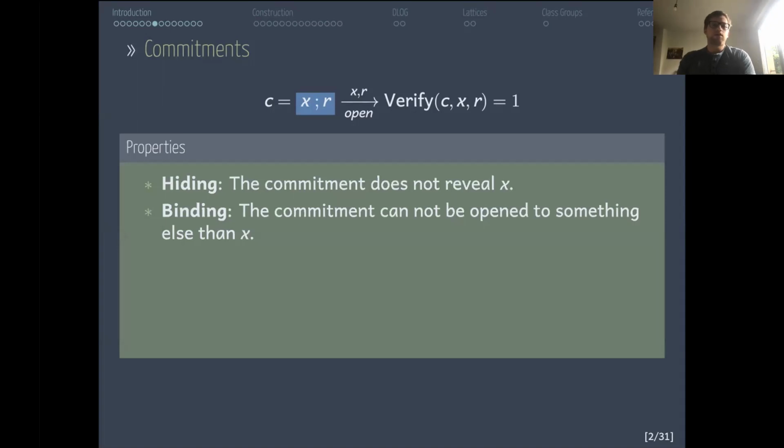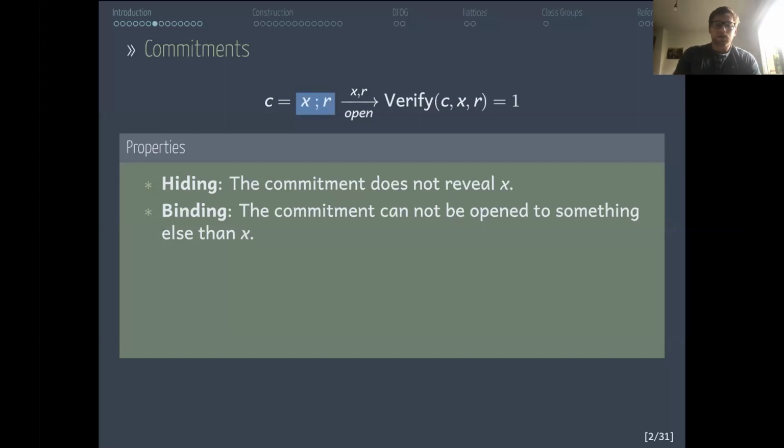And for this talk, in general, commitments have two properties. The hiding property, which means that the commitment does not reveal anything about X, about the message. And the binding property, which means that it cannot be opened to something else than X. So this means that X is actually fixed by the commitment.